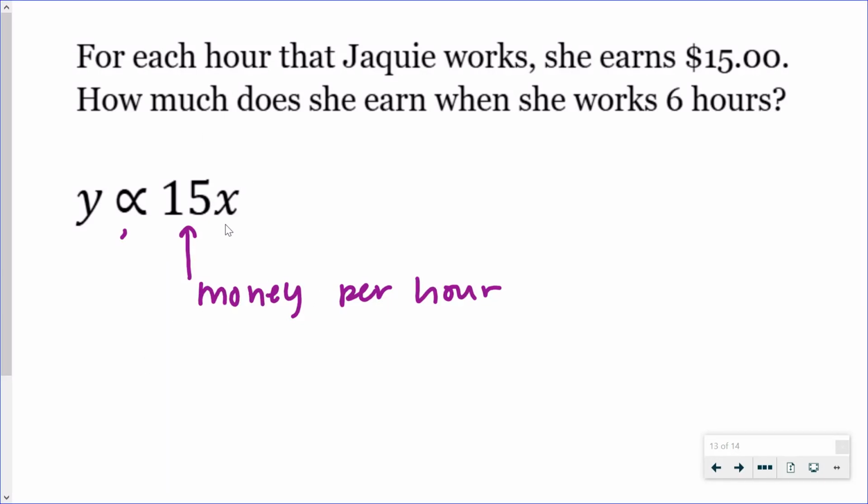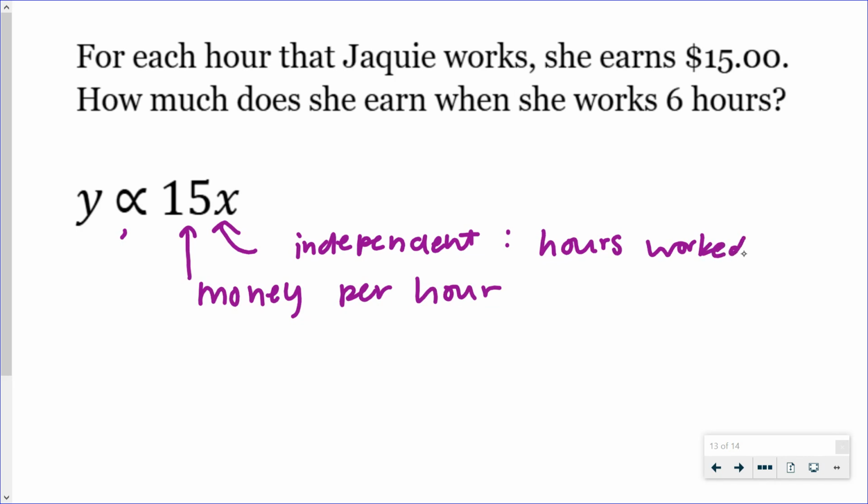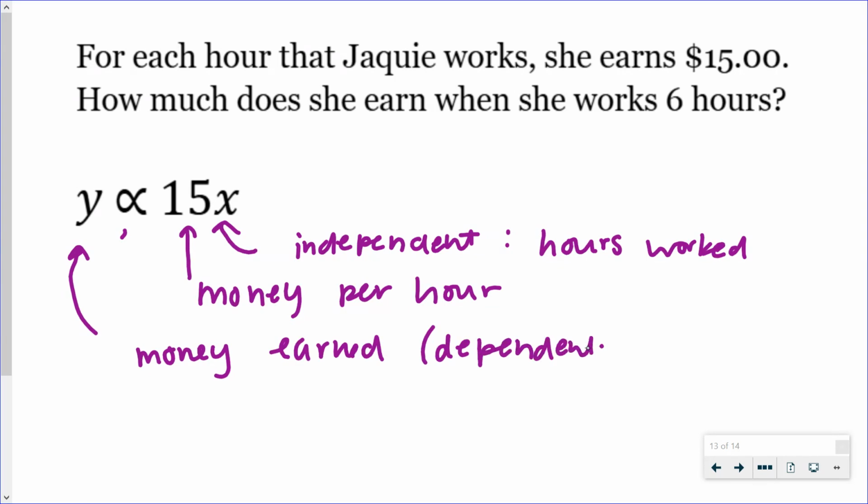Well, I can control how many hours I work. So we are going to say X, or our independent variable, is the hours worked, which tells us that my output, or my Y value, is going to be the money earned, or my dependent variable, because how much you make depends on how many hours you worked.